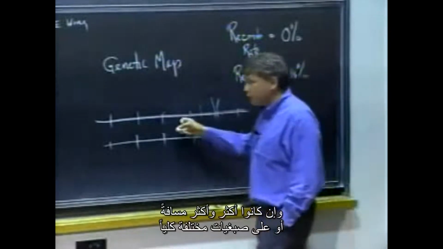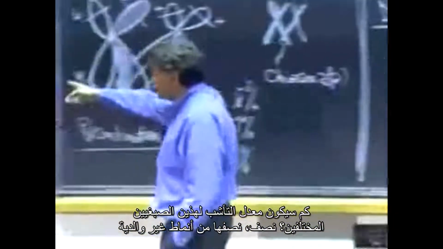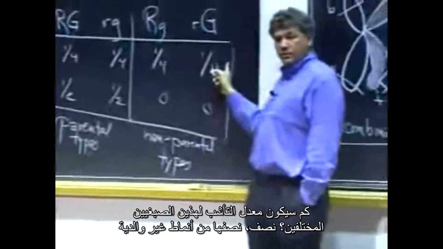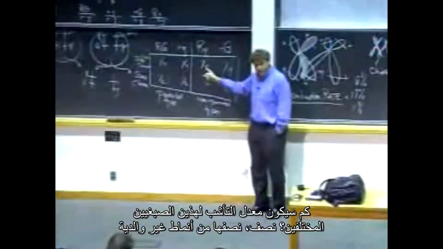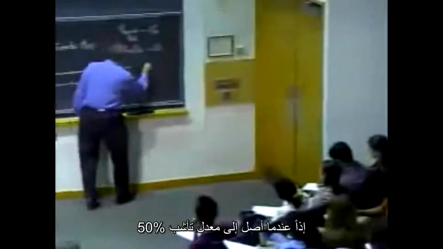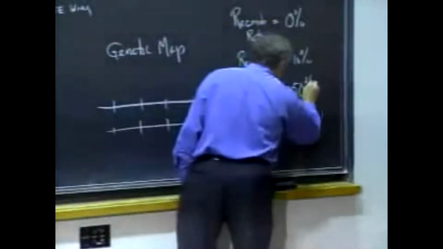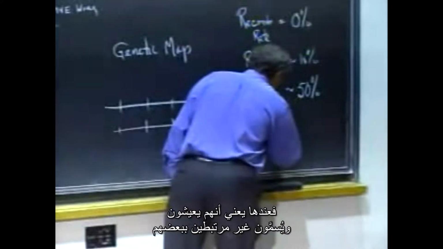And if they get further and further away, or are on totally different chromosomes, what would be the recombination rate here for 2 different chromosomes? A half. Half of these are non-parental types. So when I get up to a recombination rate of 50%, it means that they are so-called unlinked to each other.